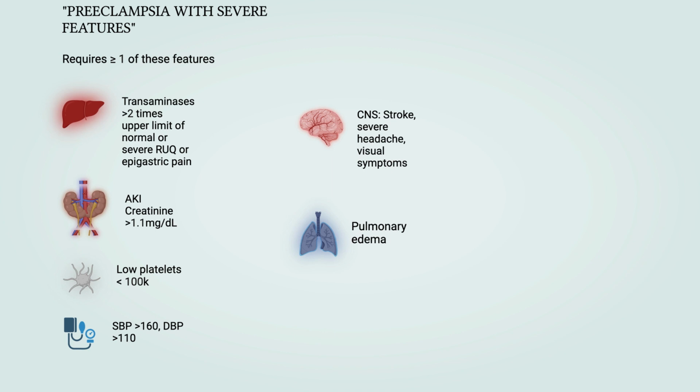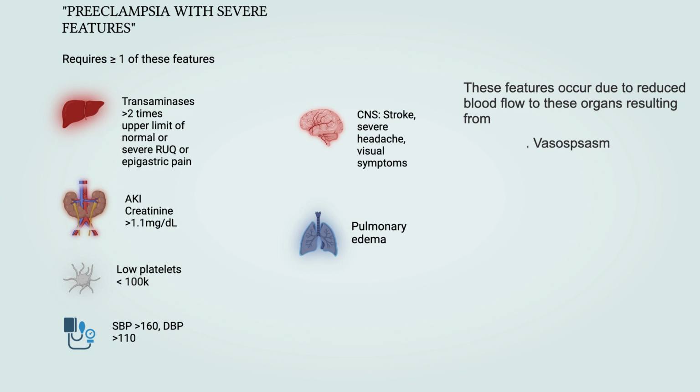So if you have any one or more of these in a patient, you have to really pay attention to these features. If they are present, you're going to treat it as preeclampsia with severe features. So like I said, all these features of dysfunction are due to two reasons. Number first is the vasospasm. Number second is microthrombi. Both of them decrease flow to the organs.